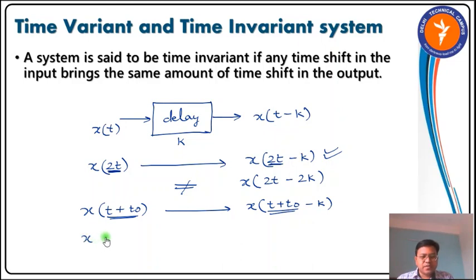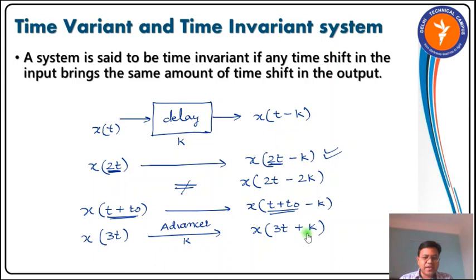Let us also discuss the time advance. Say instead of delay I am now producing an advance. Say I have this signal 3t and it is being inputted into a system which is acting as an advancer, which is advancing the signal by factor k. Then in the output I will get x of 3t plus k.